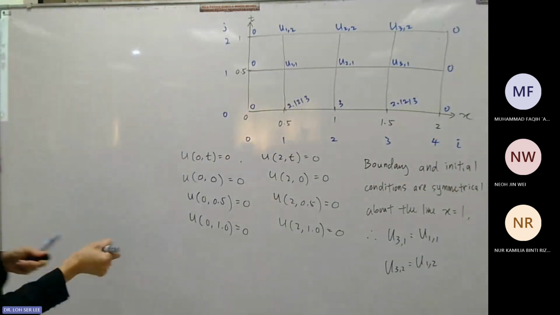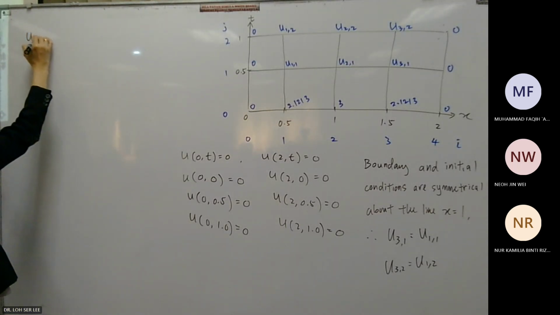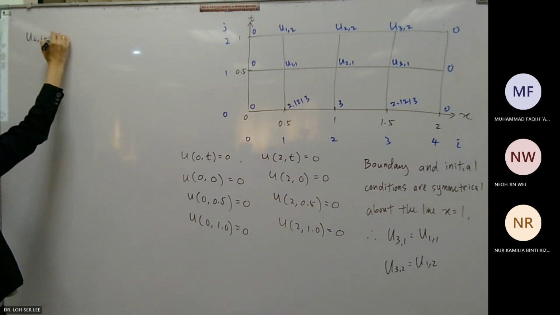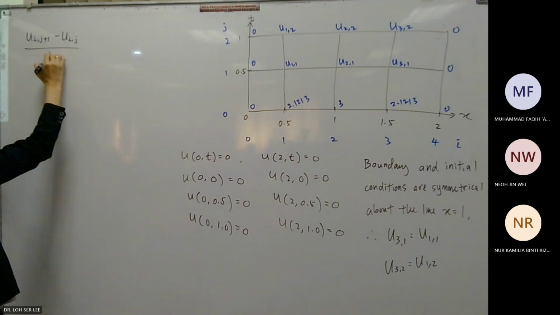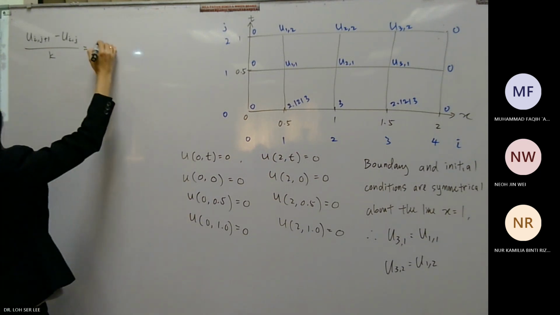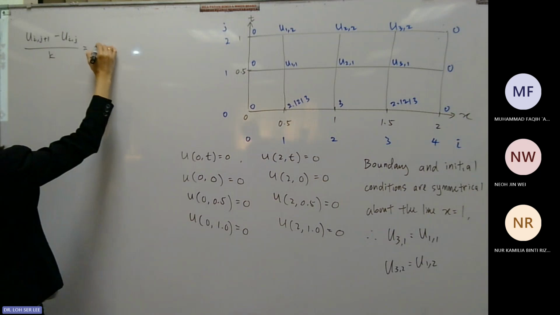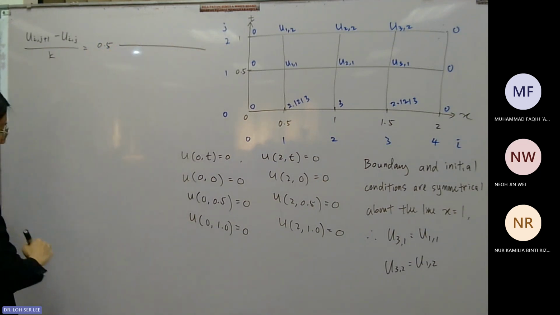Forward and central. What is the k just now? 0.03. h is 0.5.